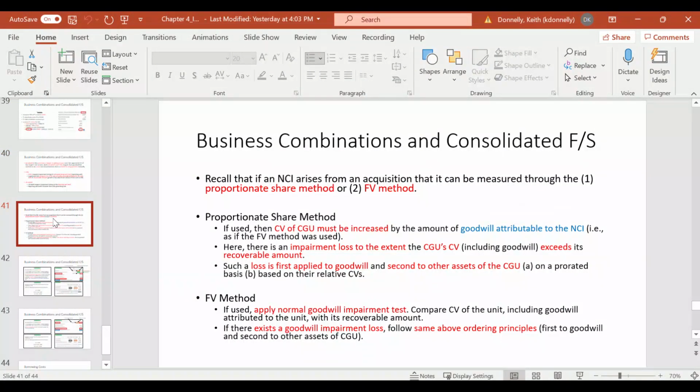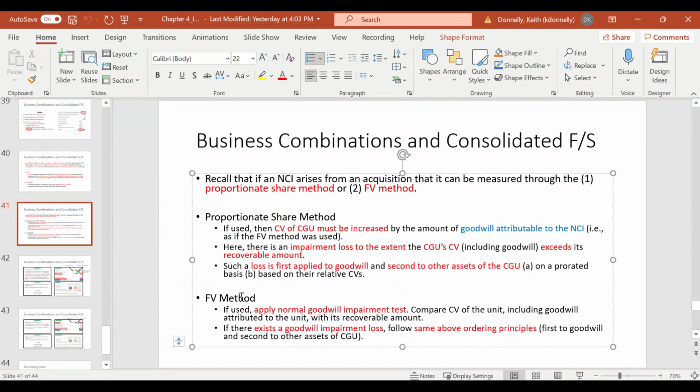Now, you can look at this. I'm not as concerned about this because this is a little more complex math, a deeper dive than I was planning to do for this lecture. But you can look at how you would be testing impairment based off whether you use the proportionate share method or fair value method.